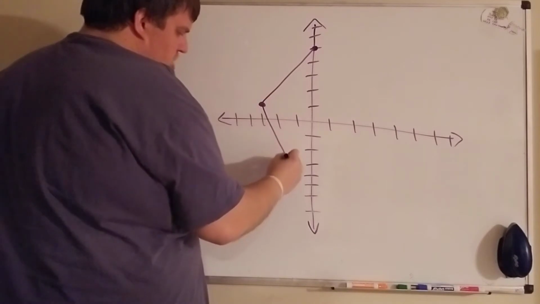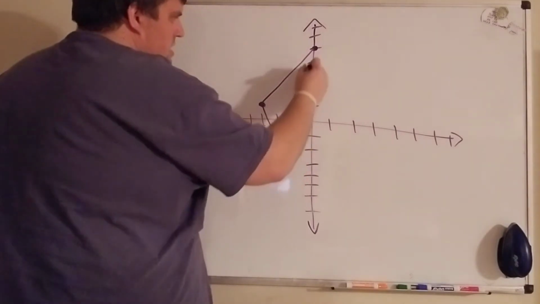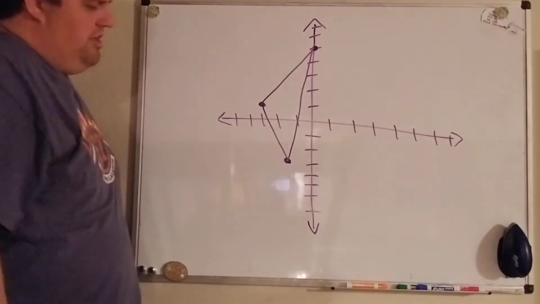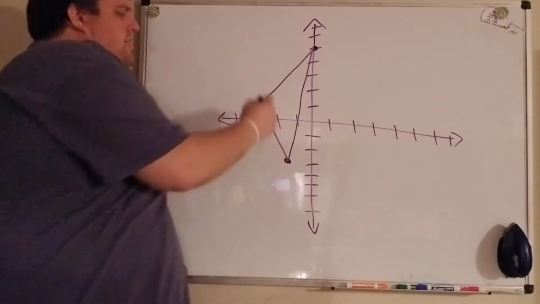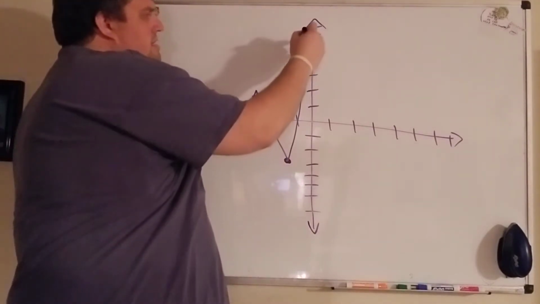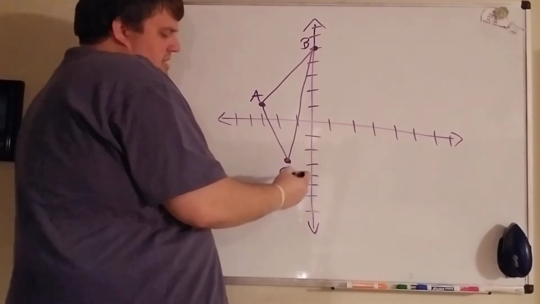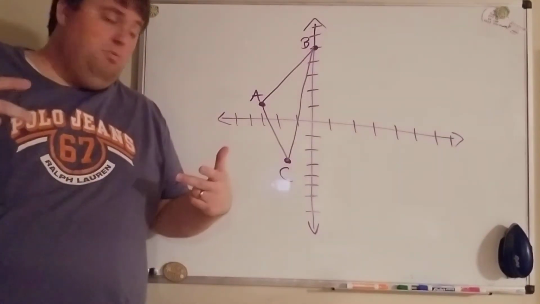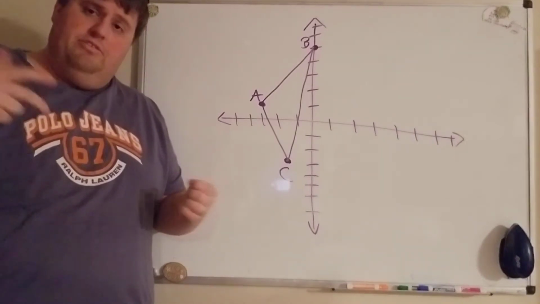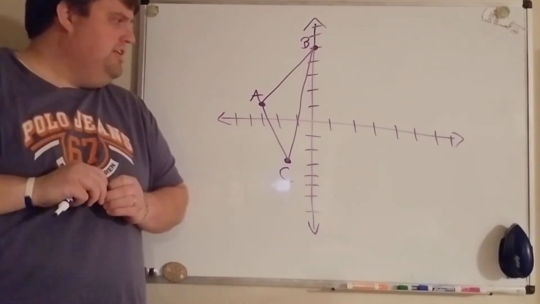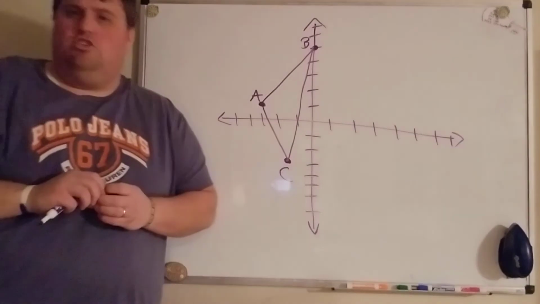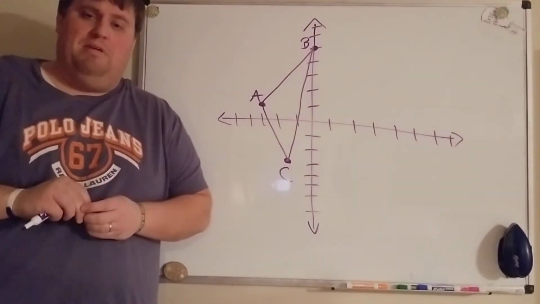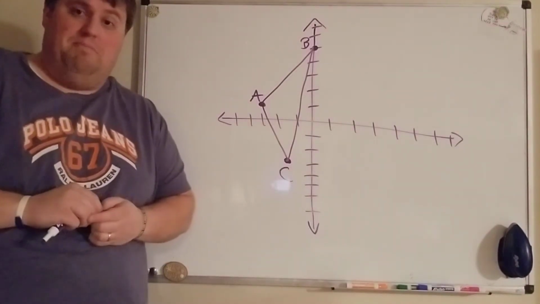And typically shapes are going to be named with letters, if you didn't know that. So let's say we call this A, B, C. It's a pretty typical triangle. The vertices will always be labeled with capital letters, which is maybe why a math teacher prior to me has yelled at you for using a capital letter for something.